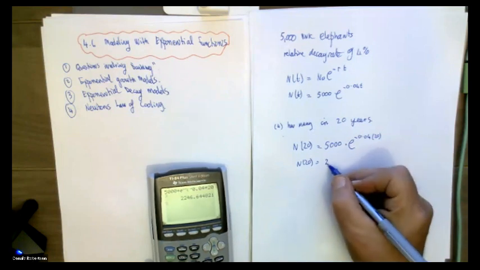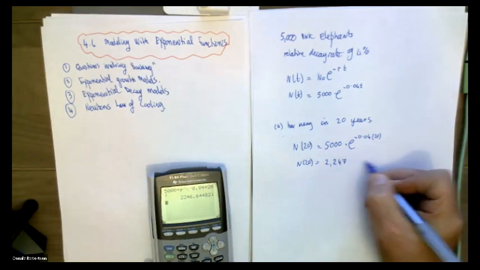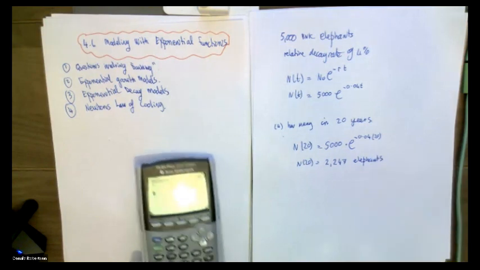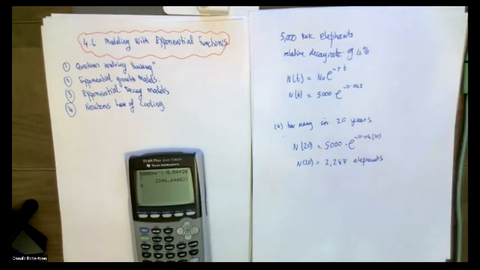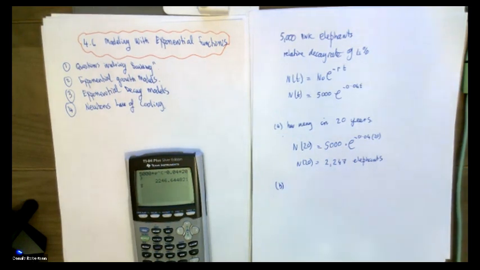And that is 2,247 to the nearest whole number. That's fewer than half the elephants. That's not good. If that continues, they're going to go extinct.